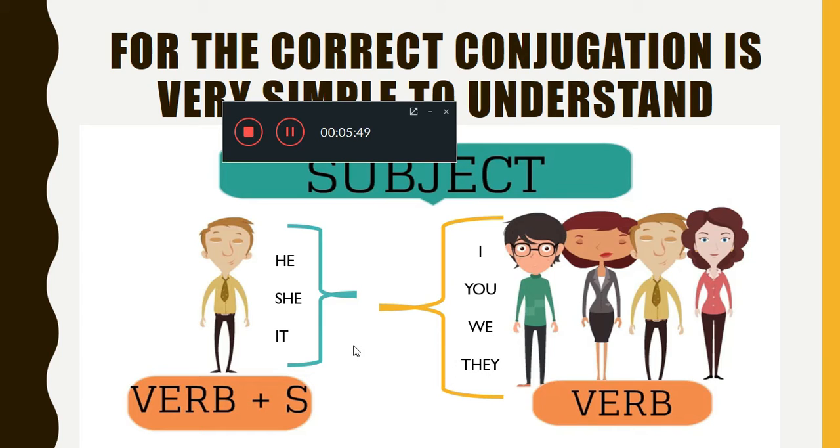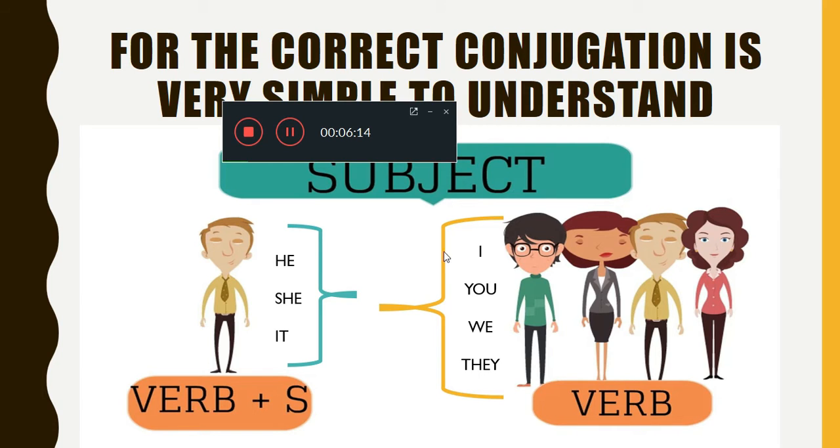Okay, to be more clear, we are going to use the verb with the S only with these three subjects: he, she, or it.